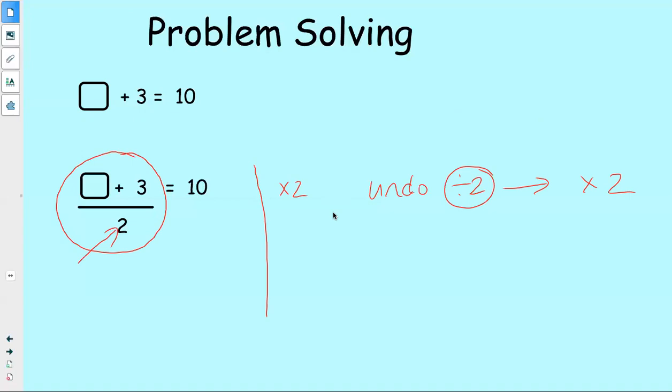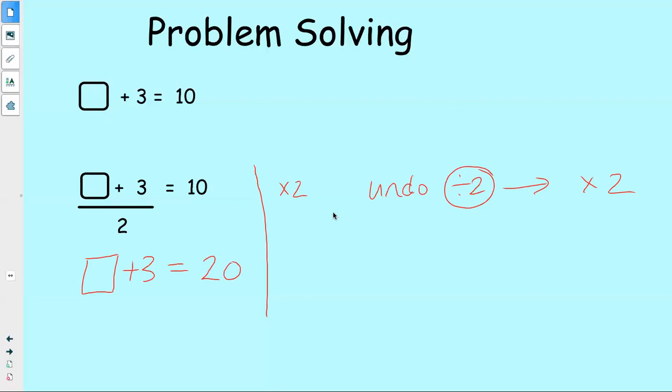So you would just have your unknown value plus 3 equals, remember what you do to the left-hand side, you must do to the right-hand side, 10 multiplied by 2, which is 20. And then it just becomes the same problem we had at the beginning.